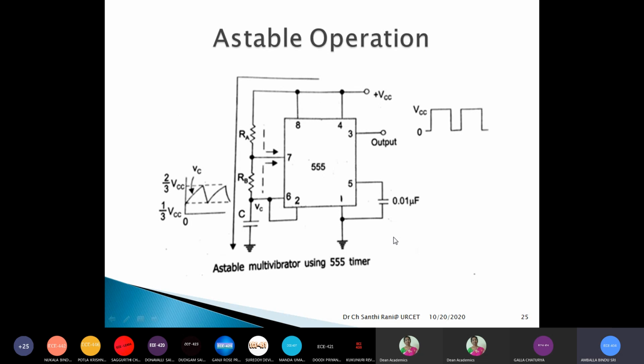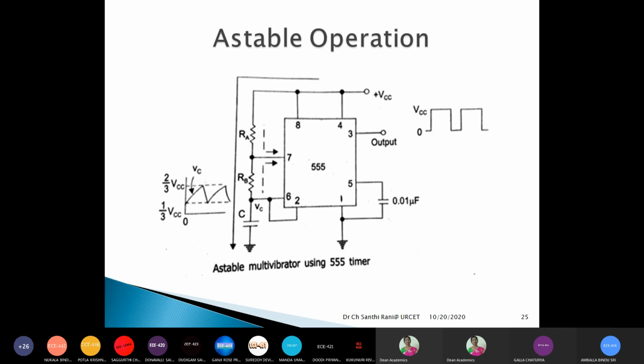Right, so between pin number 1 and 5, a 0.01 microfarad capacitor. The third pin is the output pin, and we know the 8th and 4th pins are connected to VCC. In astable operation there is one more modification: in monostable, for the second pin we give an external trigger pulse. Here, astable operation is also called a free running oscillator.